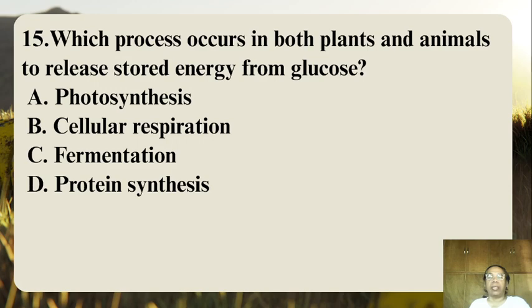Which occurs in both plants and animals to release stored energy from glucose? Letter A, photosynthesis. Letter B, cellular respiration. Letter C, fermentation. Letter D, protein synthesis.